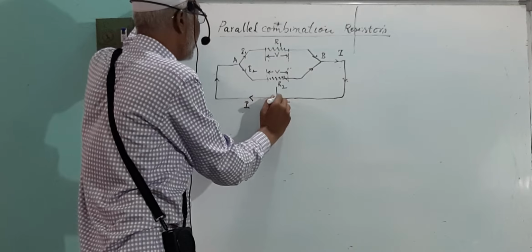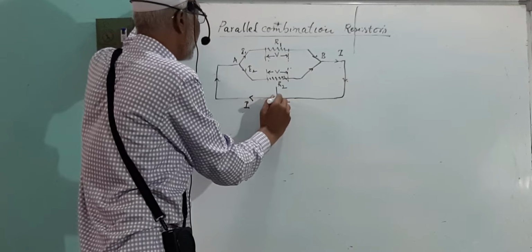I1 ampere of current flows along R1. Similarly, I2 flows along R2.